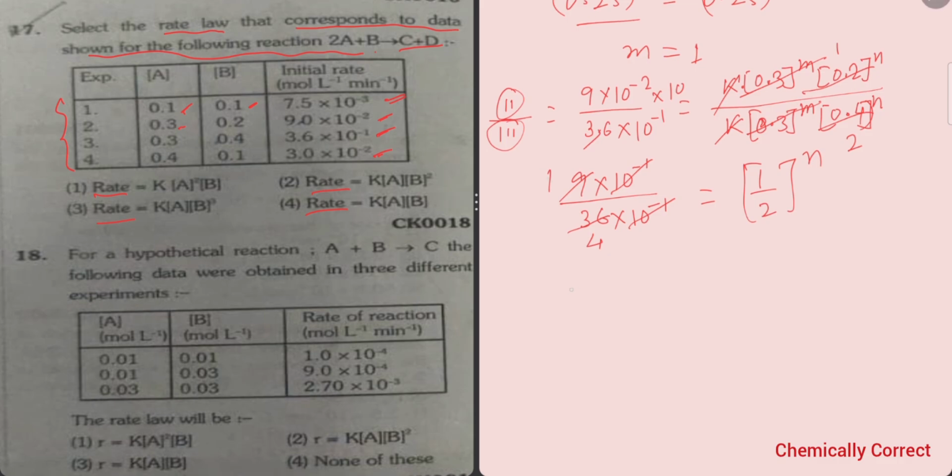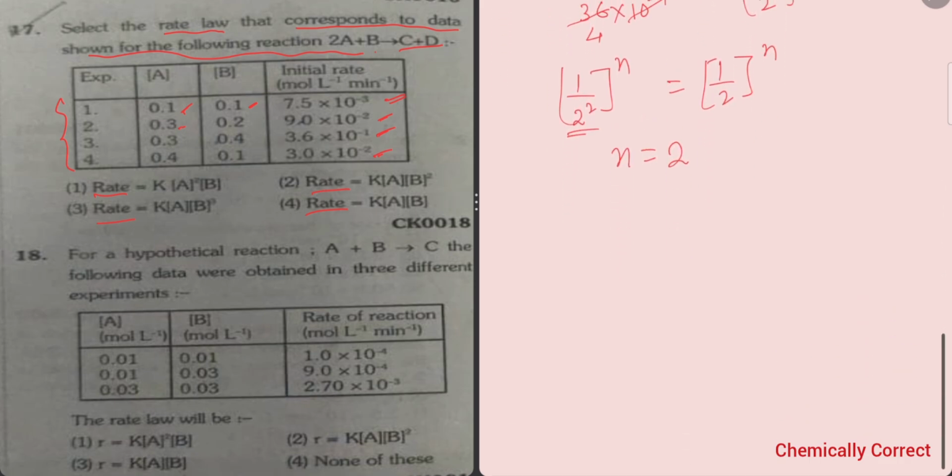Here 1/4 is 1/2 raised to the power 2, so 1/2 raised to the power 2 equals 1/2 raised to the power n. This gives us n is equal to 2.